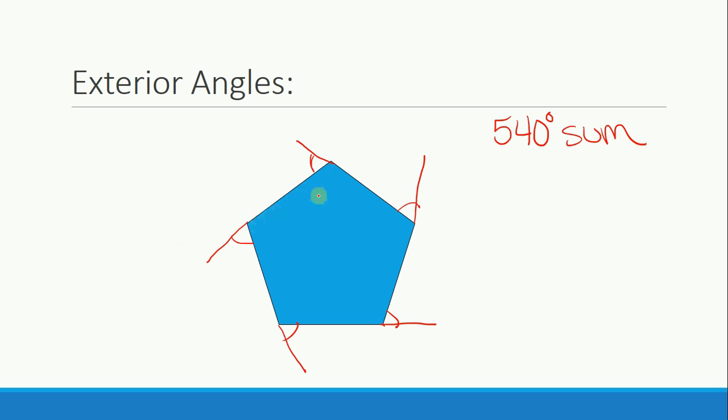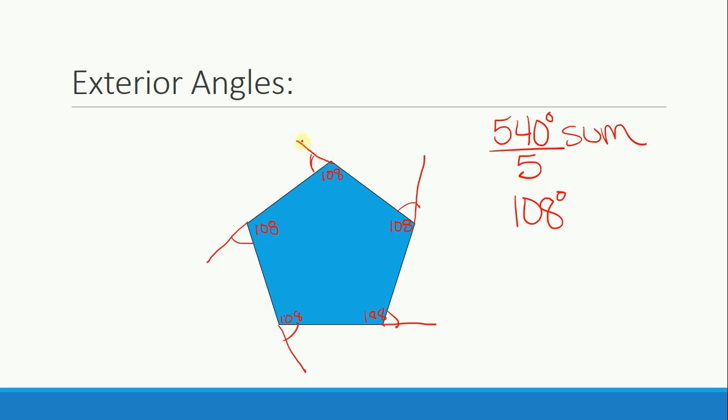This is a regular pentagon, so I have 5 angles for that to share. So I'll divide by 5. So each of them is 108 degrees. So this guy is 108 degrees, so is this guy, and so is every other one. Well, here's the thing.